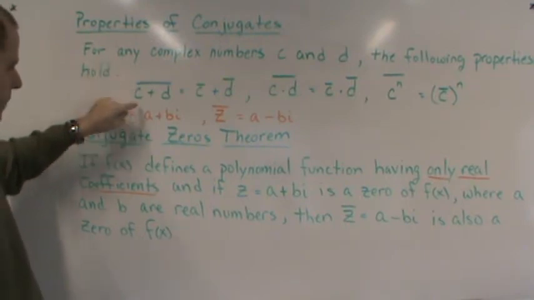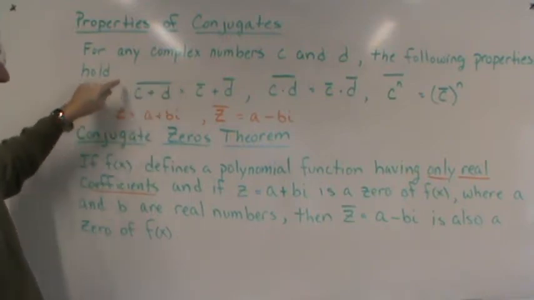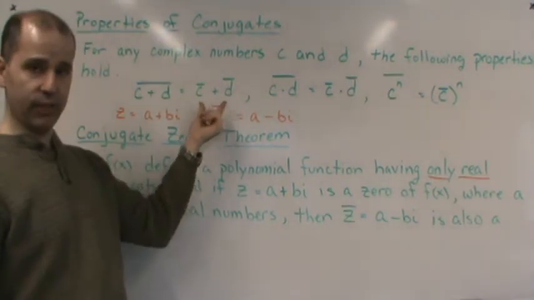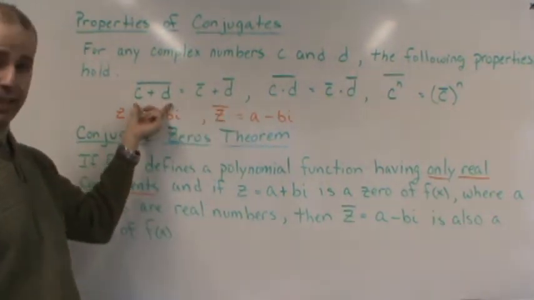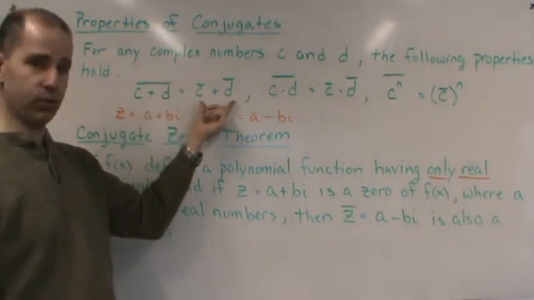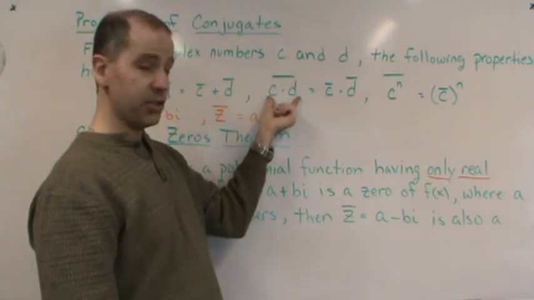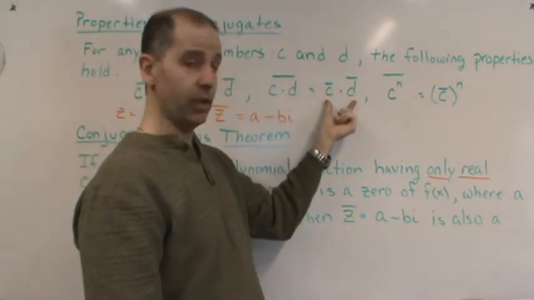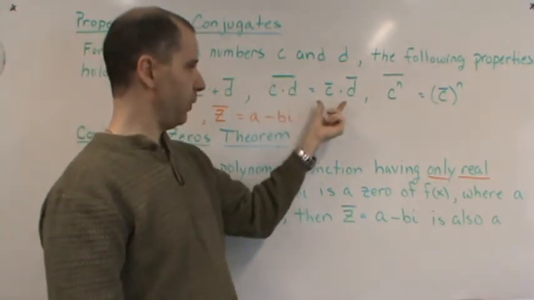If we take the sum of two complex numbers and take the conjugate of that sum, that's the same as if we take the conjugate of each number and add them. Also, the conjugate of the product of two complex numbers is equal to the product of the conjugates. These are both the same.